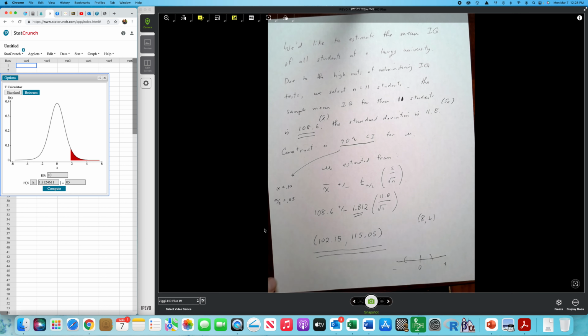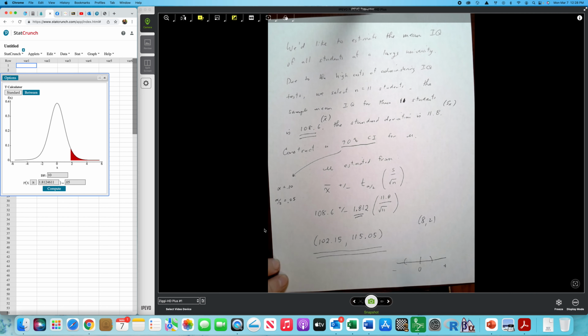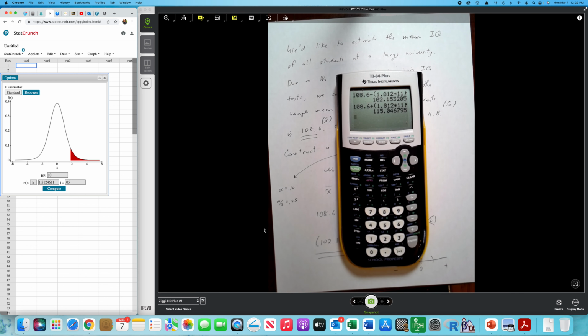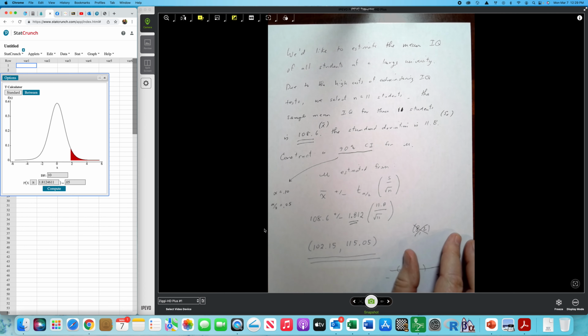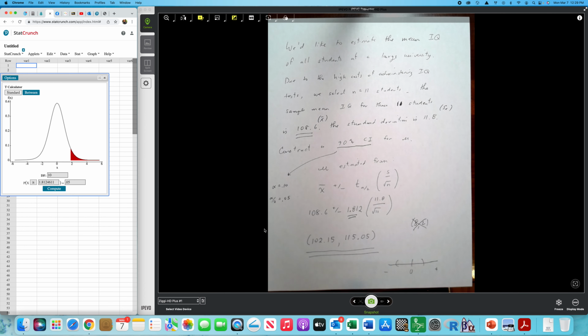An interval, the left endpoint has to be less than the right endpoint because it's an interval from this scale, okay? So don't do goofy stuff. So I put in the negative first because it goes first. I put in the positive next because it goes second. All right, so my estimate or my confidence interval is, I'm sorry, 102.15 to 115.05.